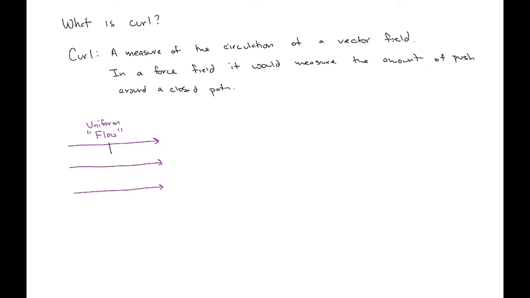The paddle wheel is going to help us figure out whether the curl is 0 or non-zero. And just like divergence, we're really measuring the curl at a particular point in our vector field. Eventually, we'll talk about summing the curl everywhere. But when we're just thinking about taking the curl, we're looking at a value at a specific point.